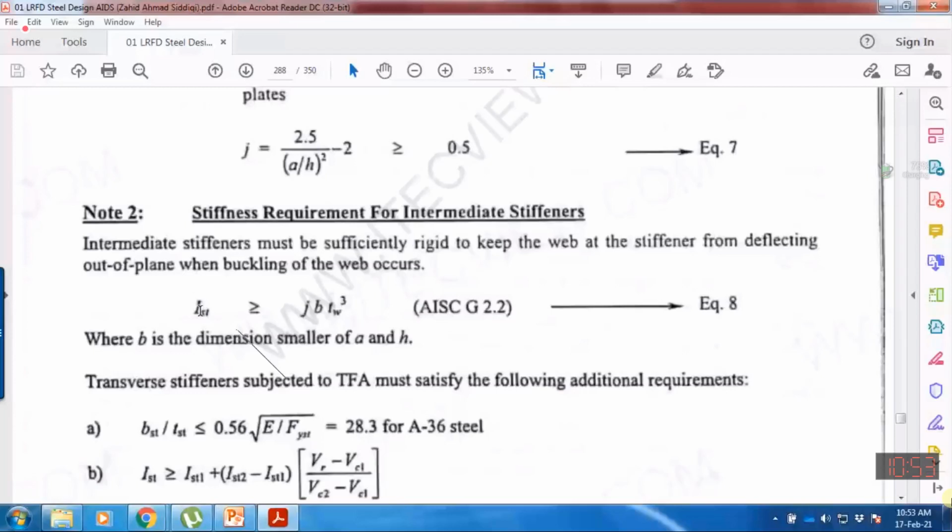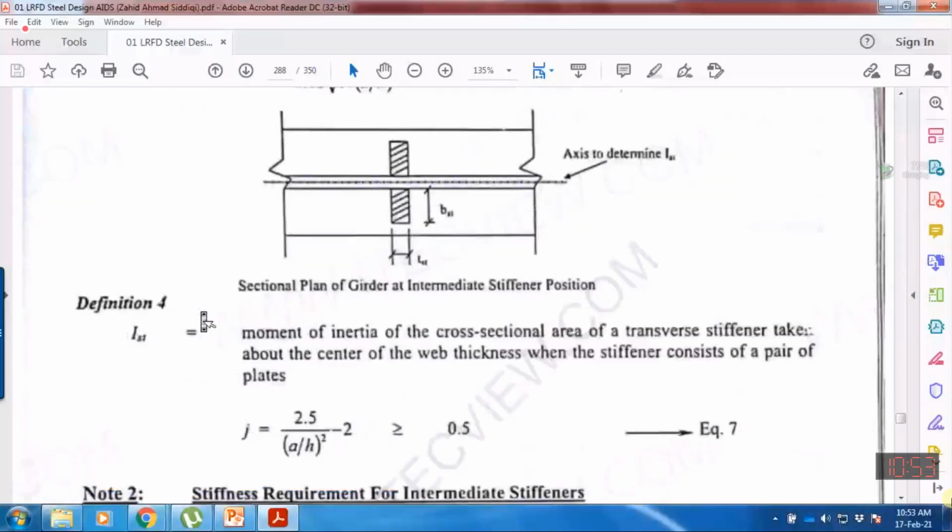The moment of inertia of one stiffener about its own centroid will be b t cubed divided by 12. If b is the width and the thickness of the stiffener is tst, the moment of inertia is b t cubed divided by 12. But that is the moment of inertia of one stiffener about its own centroid. But we want to compute the moment of inertia of the stiffener along the center line of the web.